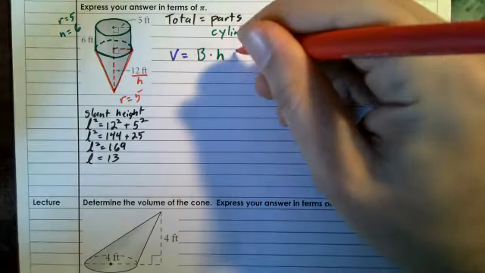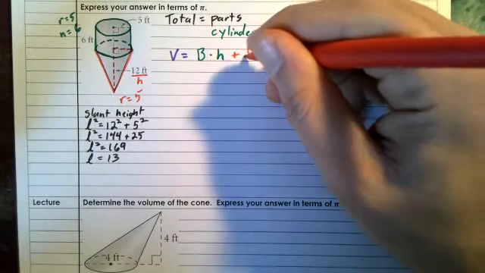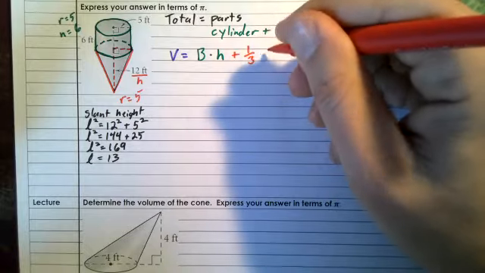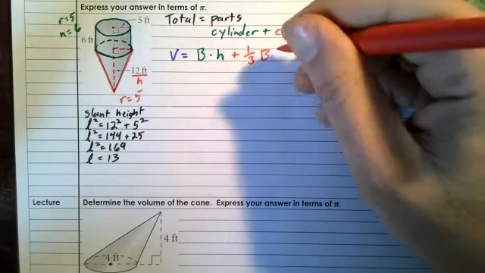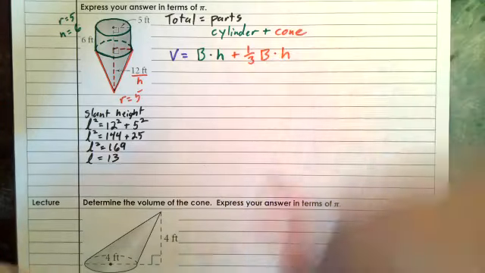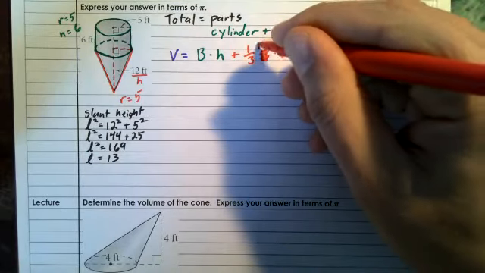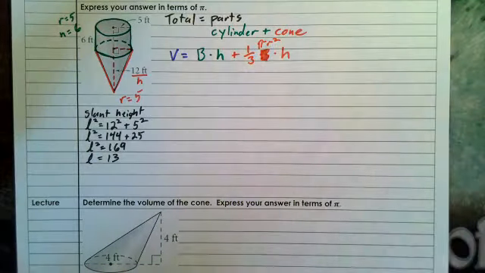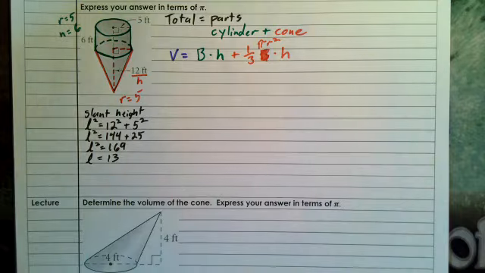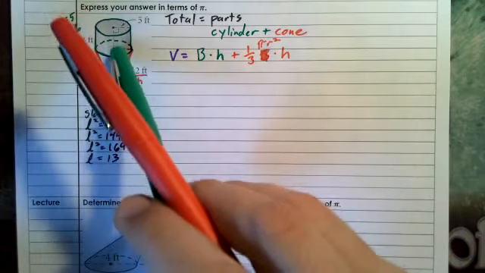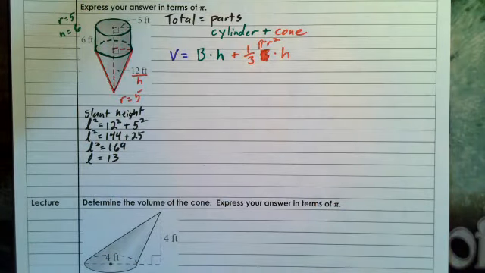And then the volume of that cone will be 1/3 the area of the cone's base times the height of the cone. I don't know why I put a b there. It should be pi r squared. But this pi r squared, that's going to be the same b that's going on over there. Well, that's great because they're sharing those bases with each other.